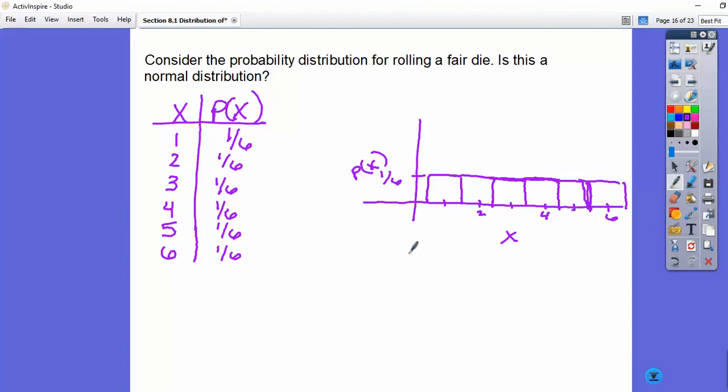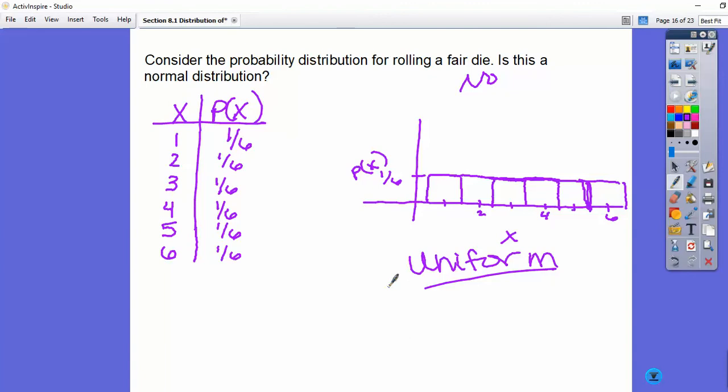Uniform density function. This is a uniform distribution. So it is not normal. Now, rolling the dice itself is not a normal distribution.